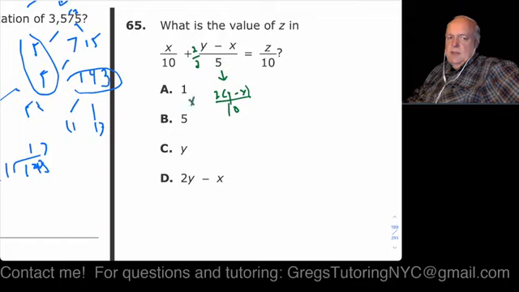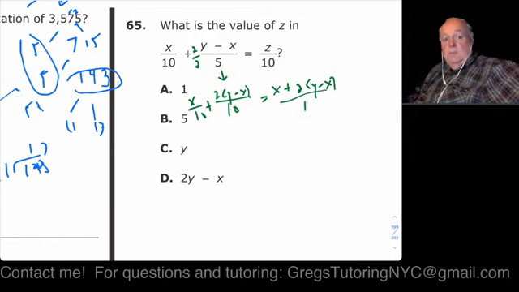Now I have that plus that. So if I add the two of those, I get x plus 2 times y minus x over 10. Again, this is not a hard question, but for some of you, you may not know how to do it, so I'm just going through some of the painful details here.